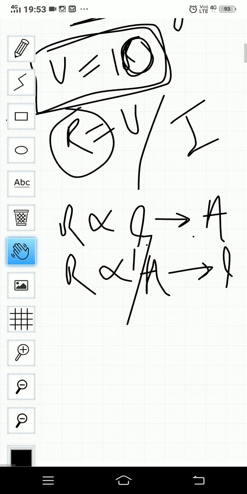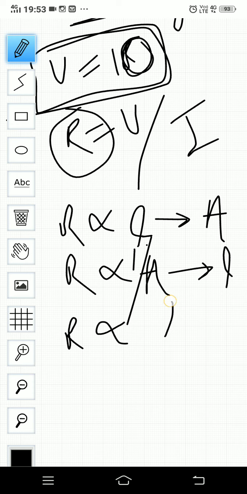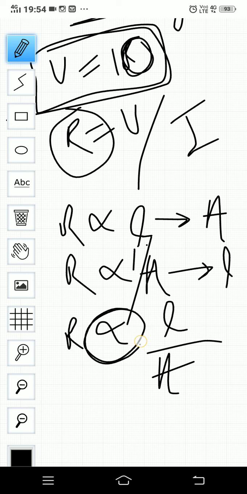Next, we come to the upper portion, that is R is proportional to both L and 1 by A when both L and A vary. Since we are removing the proportionality sign, we definitely need a constant, isn't it?